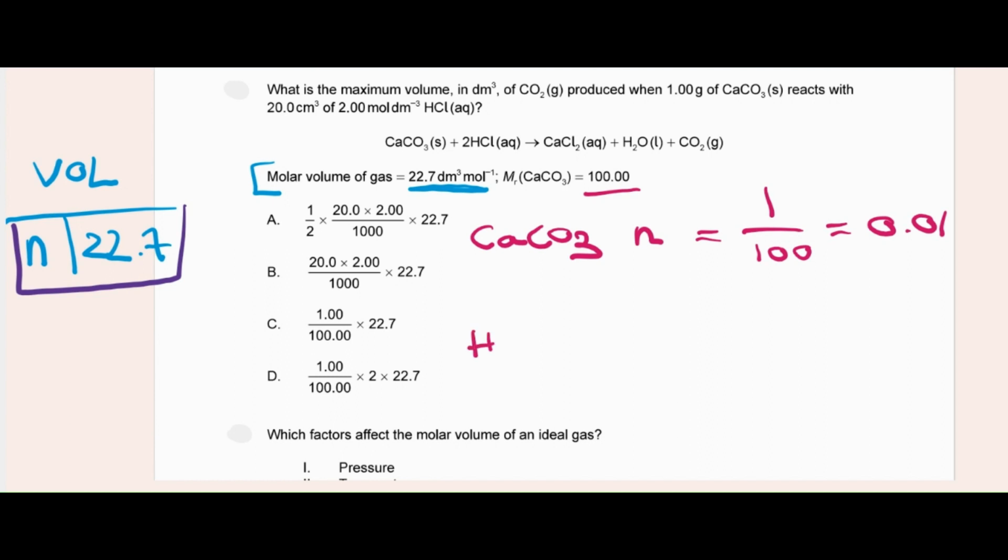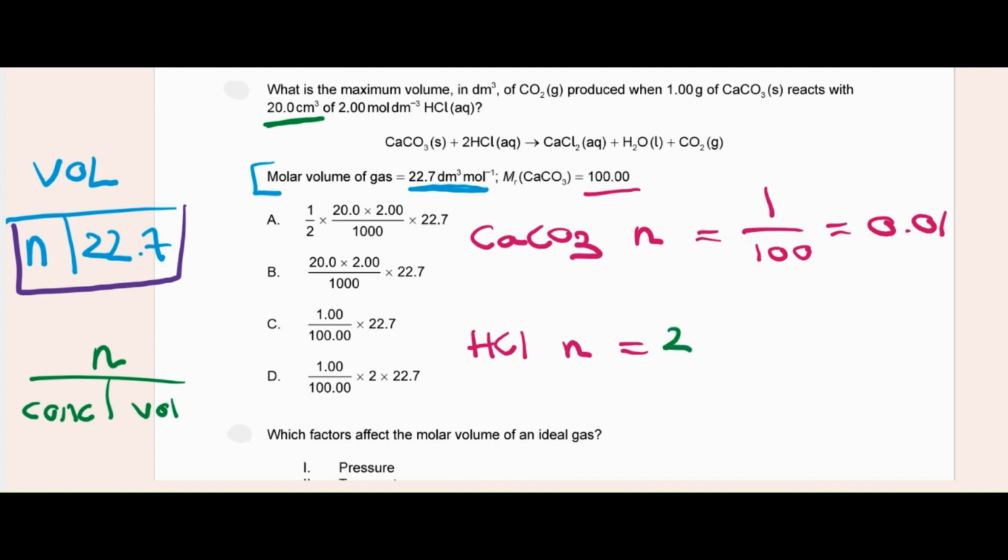Then we have HCl moles, right? Well, that's where we use the equation concentration times volume equals moles. Okay, well, this is in centimeters cubed, so we'll have to convert it to decimeters cubed, that's right.